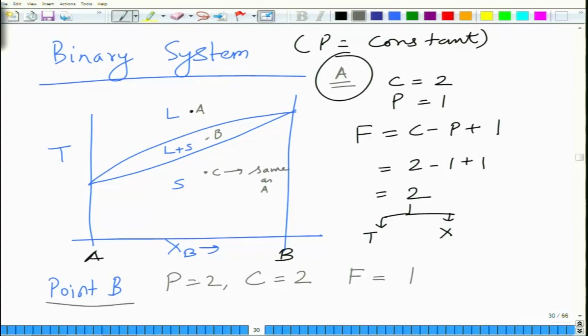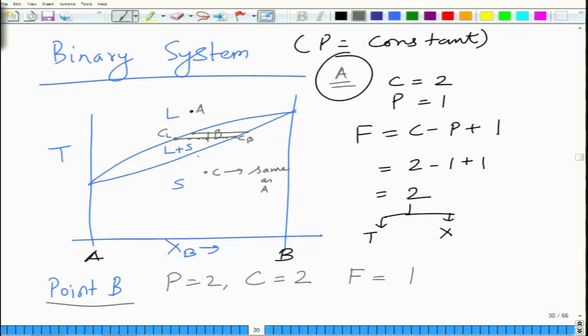So what it means is that if you are at point B, the composition of 2 phases is given by these 2 points. So this is the liquid composition Cl, this is the solid composition C beta. If you vary temperature, for example to this point, the composition is automatically fixed. If you move along that line, you vary the proportion, but the composition remains fixed here, the temperature is not.